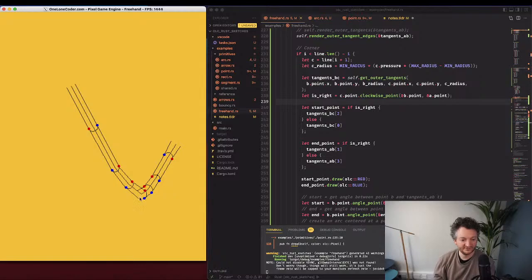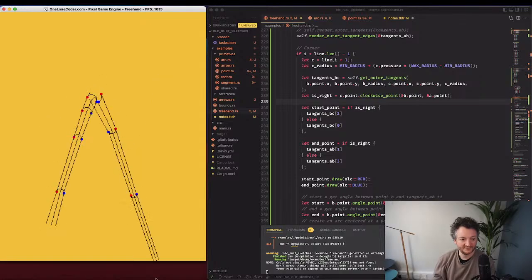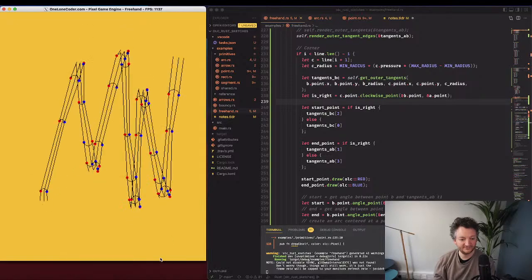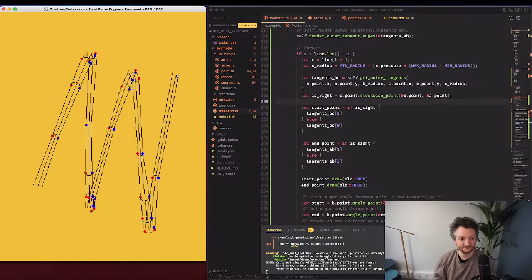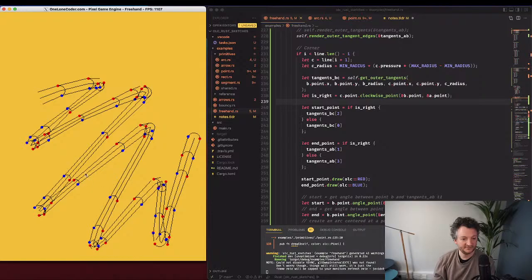This one's going from here to here. We really only need arcs on those corners, but it's not even getting those correct. We're getting some good corners, but a lot of them are just always going in that wrong direction.